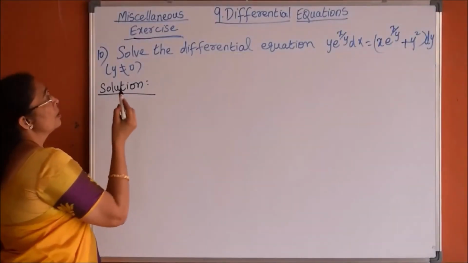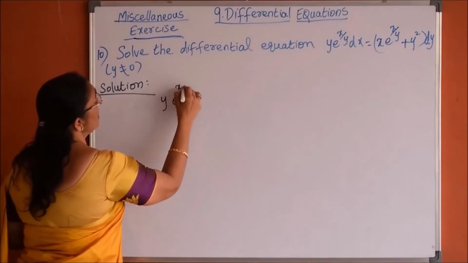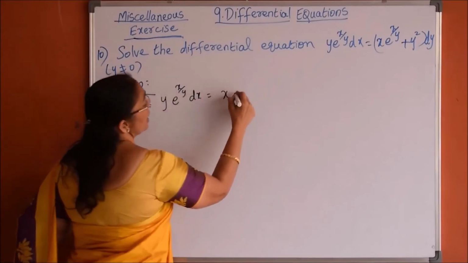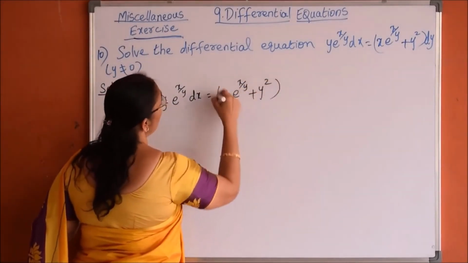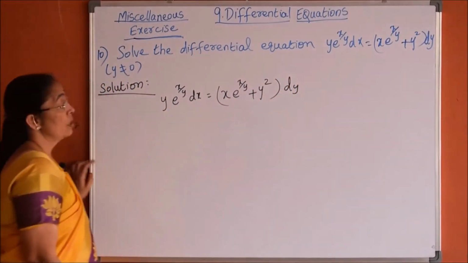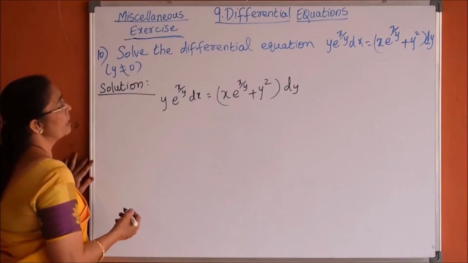10th problem, solve the differential equation y e power x by y dx is equals to x e power x by y plus y square of dy. We will check whether it will form a homogeneous differential equation. So, we will arrange the terms first.